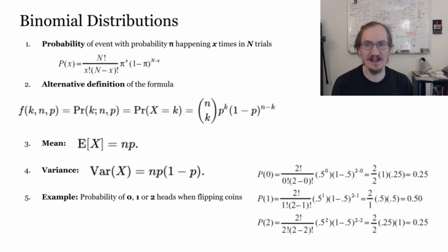And you can see we use 1 minus p instead of 1 minus pi, right? We use little n to represent the number of trials instead of big N. And k is the number of times we're looking for the event to happen, right? And you can see here, it's a little easier to understand because you've separated out the combinations from the two distinct probabilities.